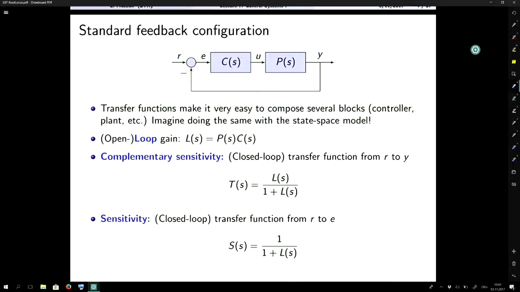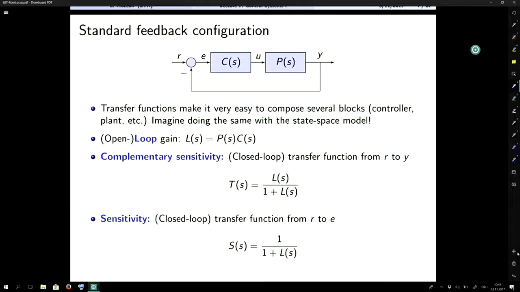So what is the standard feedback configuration? Essentially, the thing at the top: we have the plant. Remember that the system you want to control is usually called the plant in control systems. We indicate the transfer function as P of S. Now we take the output of this plant and compare it to a reference, the R on the left-hand side.